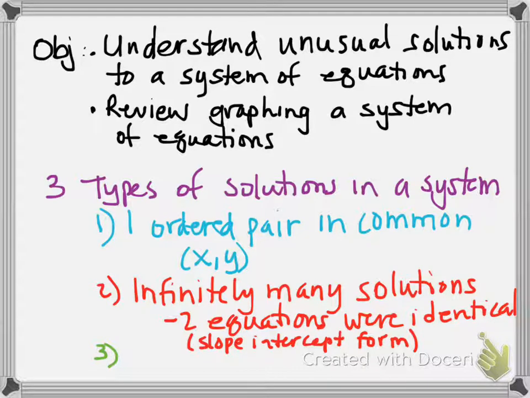The third one, there was no solution. What did your graphs look like when there was no solution? They were parallel. So these are going to be parallel lines. And what was true about our equations when we had parallel lines? Yeah, we had the same slope.